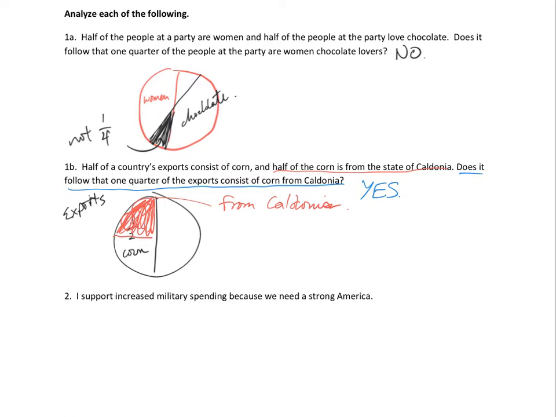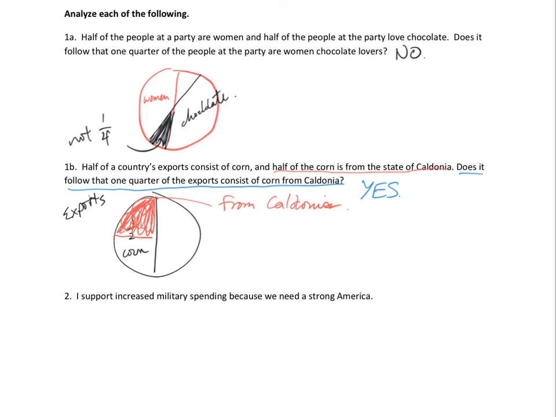The very next example is more of a statement, right? We don't have a question to answer. All that we know is the statement that says, I supported increased military spending because we need a strong America. But the assumption that spending more on military makes a stronger America does not logically follow.